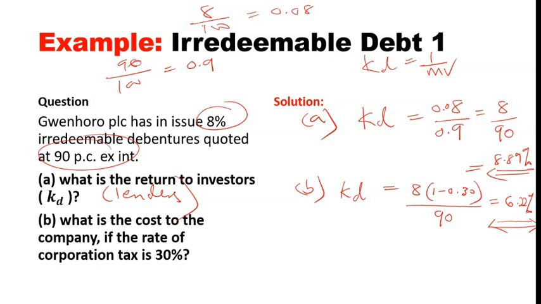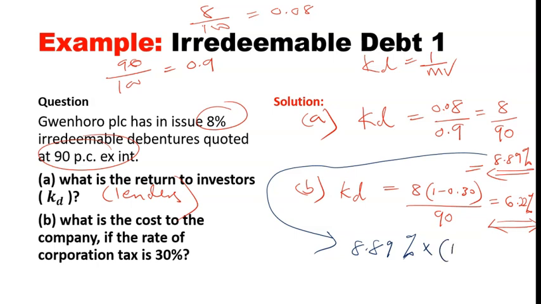All right, this 6.22 could also have been obtained if we just use this information here and simply adjust the cost to the investor by multiplying by 1 minus T, and we get the same 6.22%.